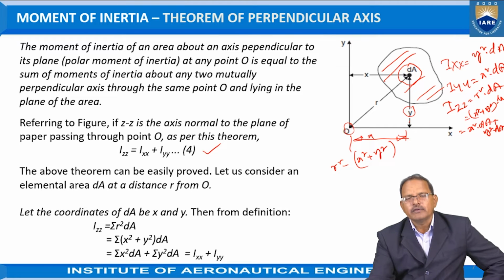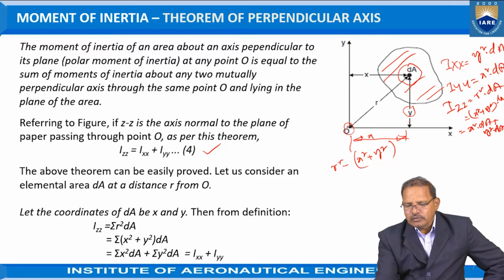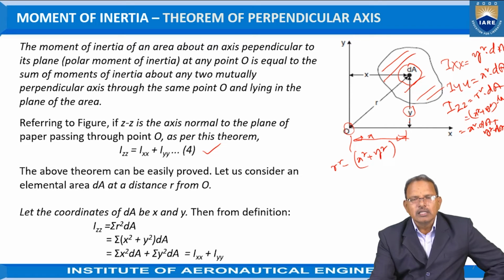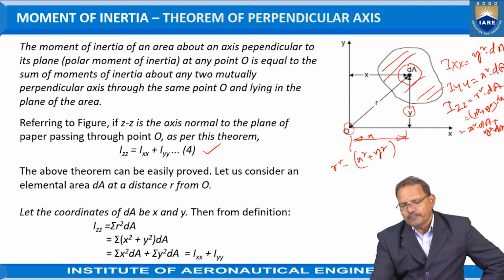The polar moment of inertia about any point O is equal to the sum of the moment of inertia about any two mutually perpendicular axes passing through the same point O and lying in the same plane of the area.